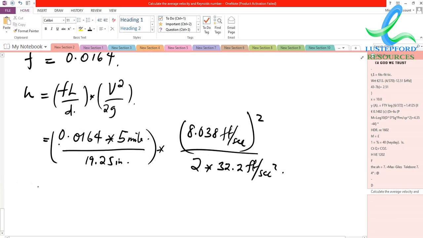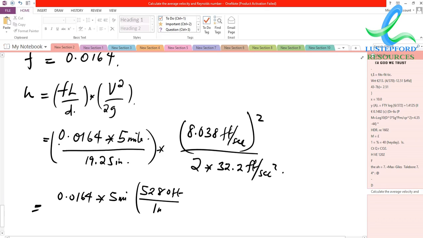Now we now have this. So this is 0.0164 times 5 miles. Now we have 5,280 feet, equivalent to 1 mile.